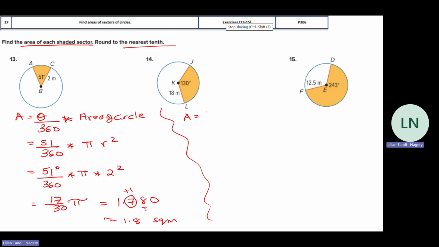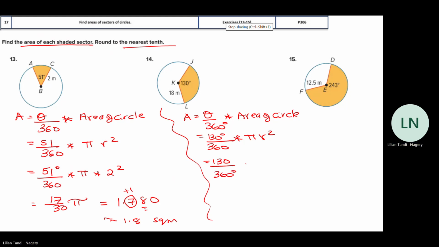Area equals theta over 360 multiplied by the area of the circle. This gives me 130 divided by 360 multiplied by pi r squared. This is 130 divided by 360 multiplied by pi multiplied by 18 squared.